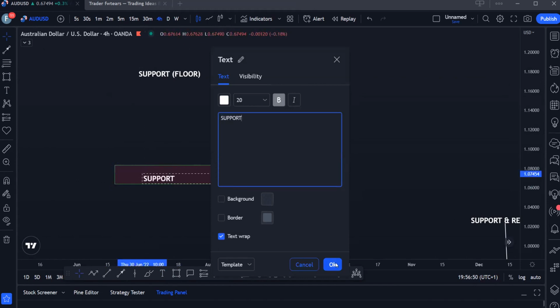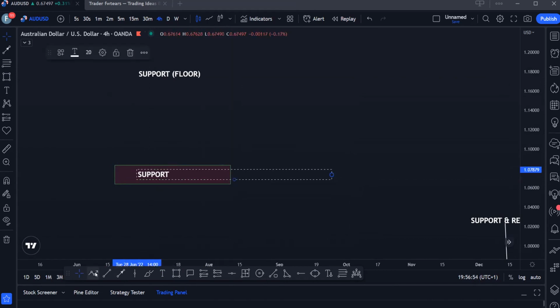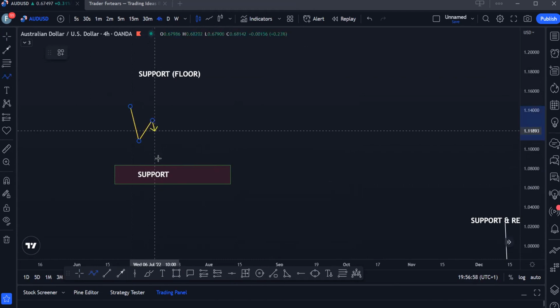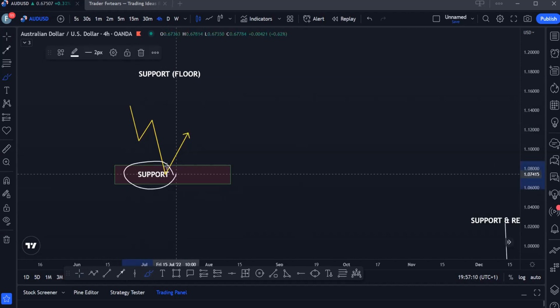So when you see that price is coming from up like this, and then suddenly you see a reversal, a change in direction. All right. What is responsible for that change direction is a support. It's a reversal area in the market.